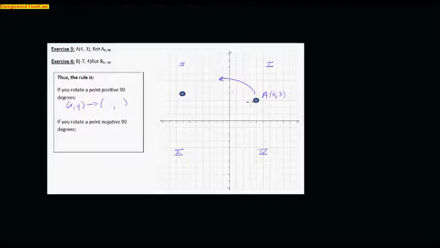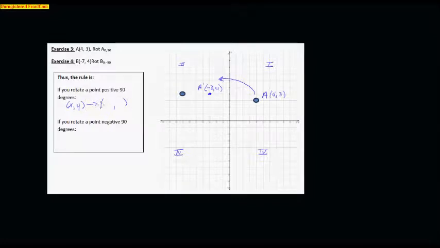If you imagine this coordinate system rotating, where it's going to end up is at -3, comma 4. I'm going to graph this right over here. A prime is going to be at -3, comma 4.